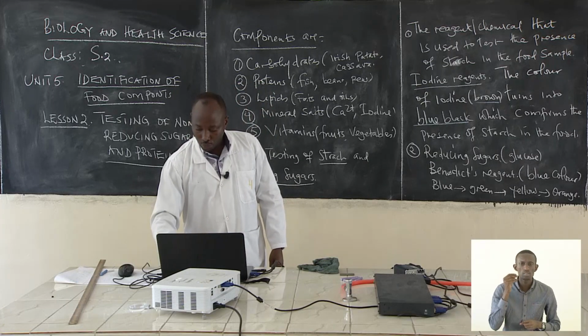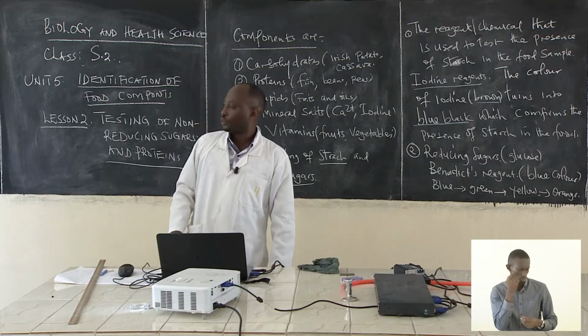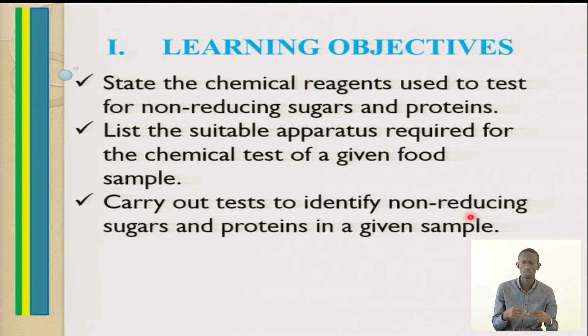Quickly, let's go to our lesson of today. The learning objective of today is to state the chemical reagent used to test the presence of non-reducing sugars as well as proteins. We try to list the suitable apparatuses required for the chemical test of a given food sample.